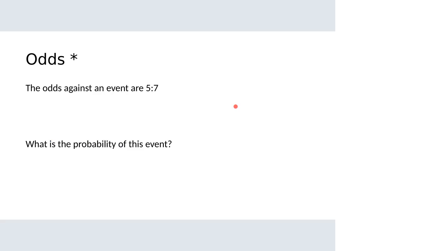The odds against an event are 5/7. What's the probability? So this time you've got to go the other direction, but I'm feeling pretty good about how this is going to go. I'll set up a poll.